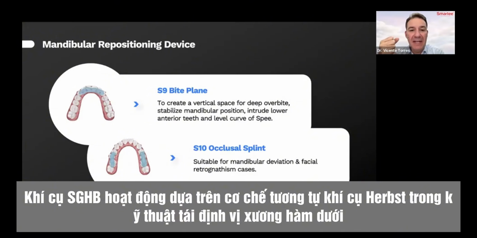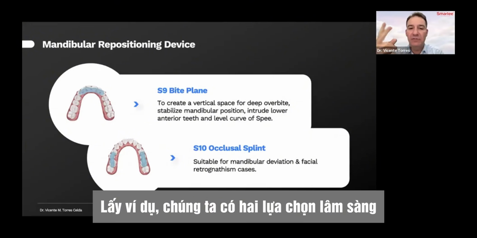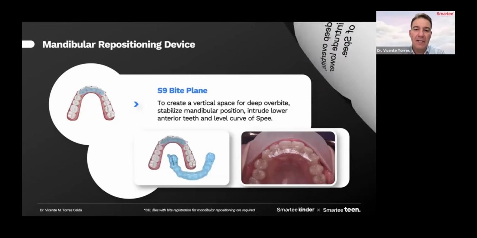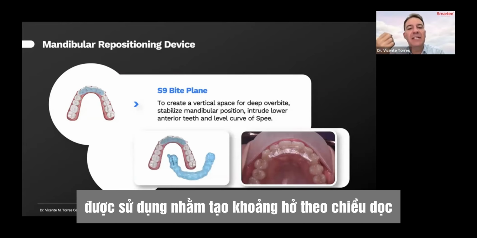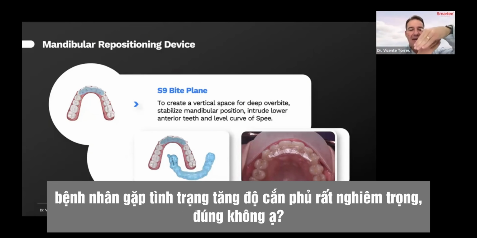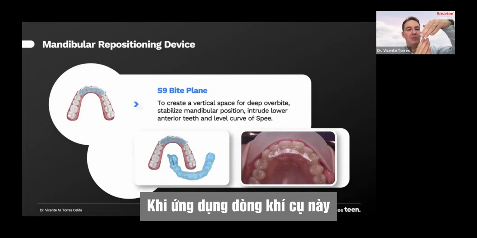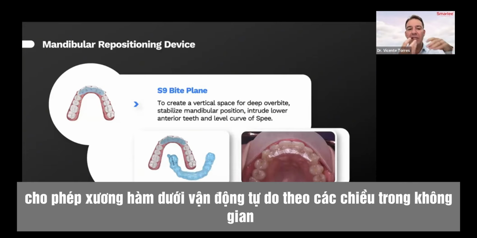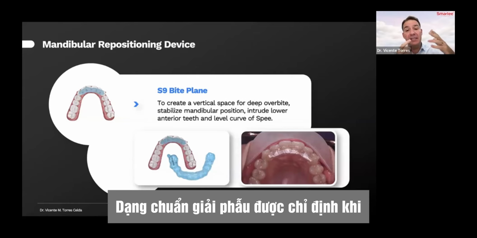In the mandibular repositioning device, we have 2 different types. The first is the bite plane, and we use that one to create vertical space for a deep bite or deep overbite. So in those cases, the patient has a very increased deep overbite. With this kind of appliance, we have an anterior contact, and we have 2 different kinds, anatomical or non-anatomical. With the non-anatomical, the anterior bite plane is flat, so the mandible is free to move everywhere.